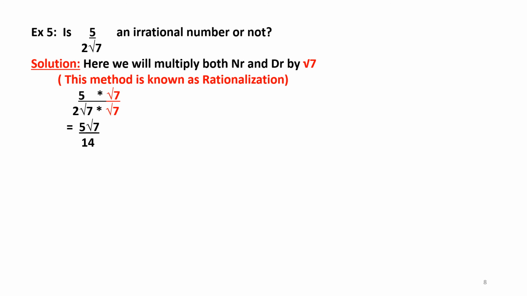Later on I will explain standard form: in the denominator, a root should not come. Now see, is this an irrational number or a rational number? Root 7 is present, so 5 root 7 is irrational. Divided by 14, again irrational.